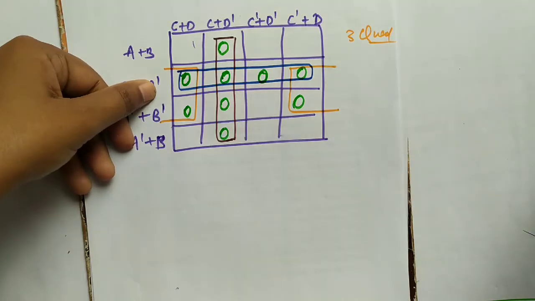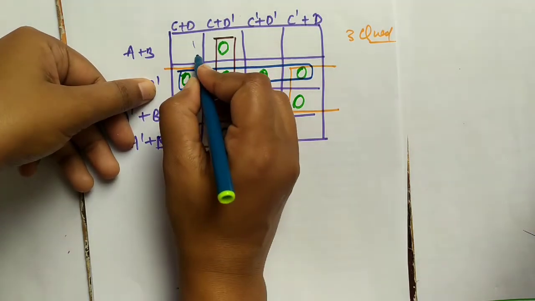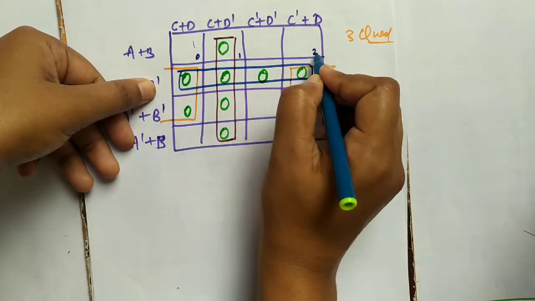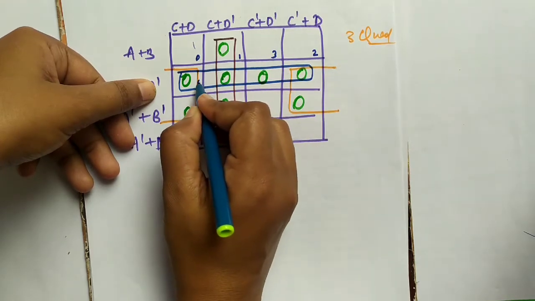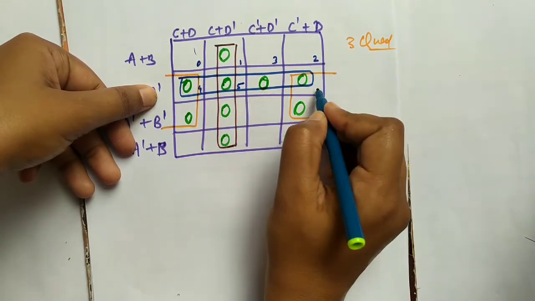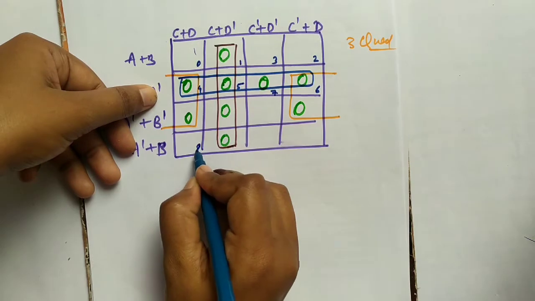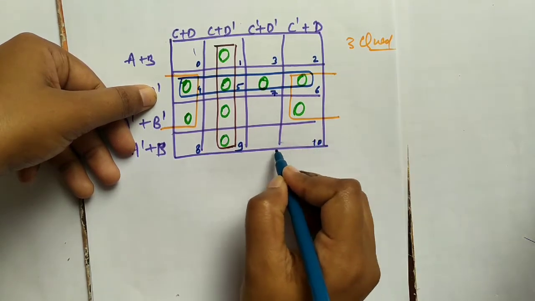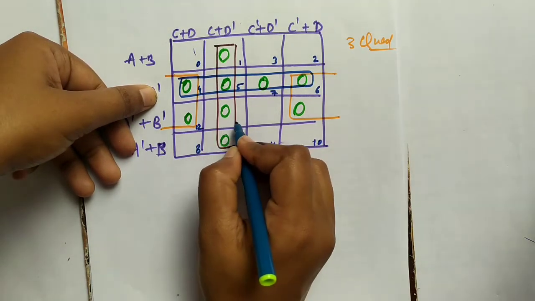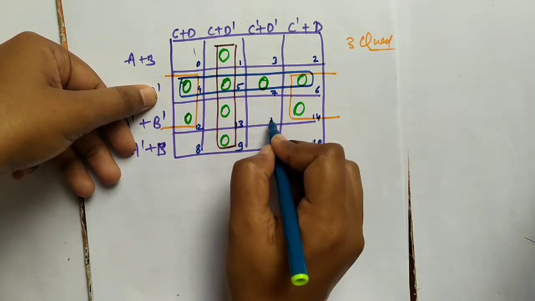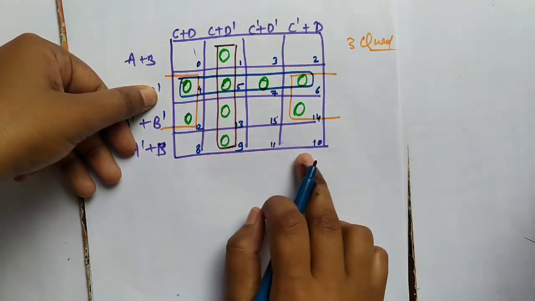Firstly we write the values 0 1 2 3 4 5 6 7 8 9 10 11 12 13 14 15. This is not needed for writing.